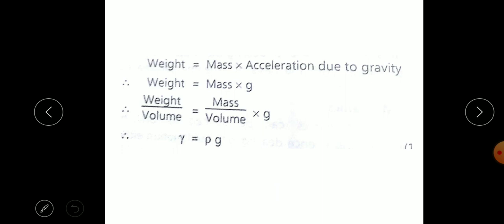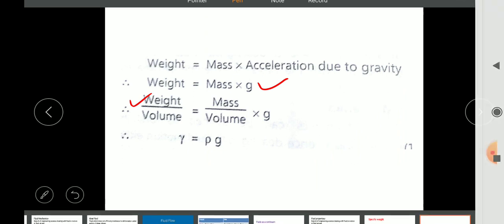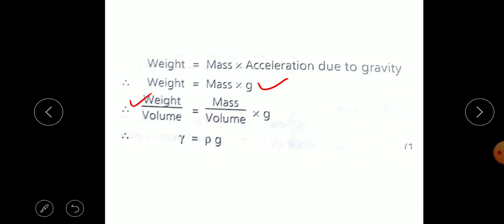Also we know weight is equal to mass into acceleration. So mass into g. So weight is equal to mg. Now specific weight will be the weight upon volume. So if you divide the weight by volume, that is mass into g divided by volume, we get specific weight gamma is equal to rho g.